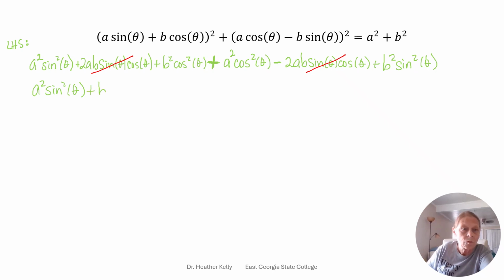Plus b squared sine squared theta, plus a squared cosine squared theta, plus b squared, I mean cosine squared theta. My brain just went. So you can get lost in this pretty easily. Cosine squared theta.